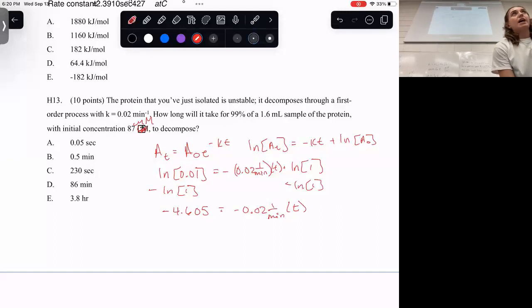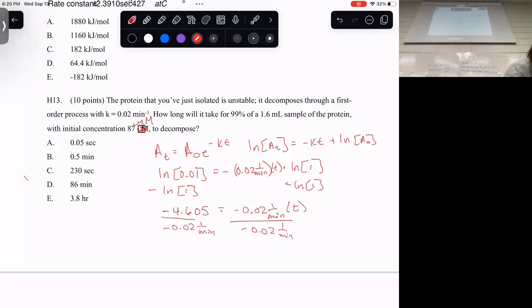So once we get this, we can divide by that negative 0.02. So I don't get the concentration.